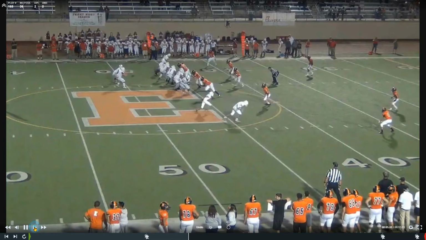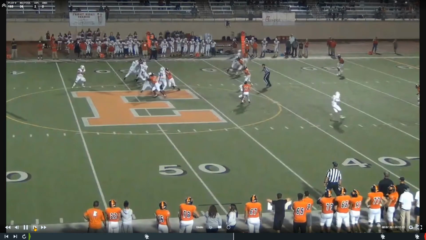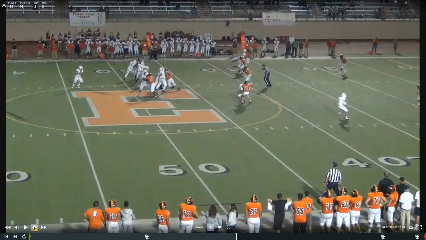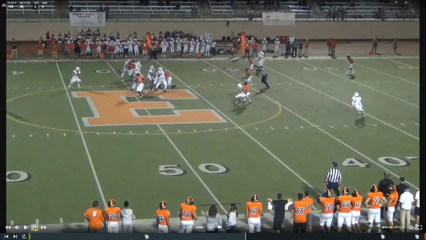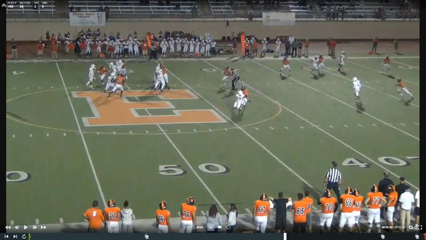All right. So you can see that wide receiver is wide open at this point. If that quarterback gets rid of the ball now, he's got a completion, but he's a little slow getting it there. Now, here comes the defensive back. He's right here.